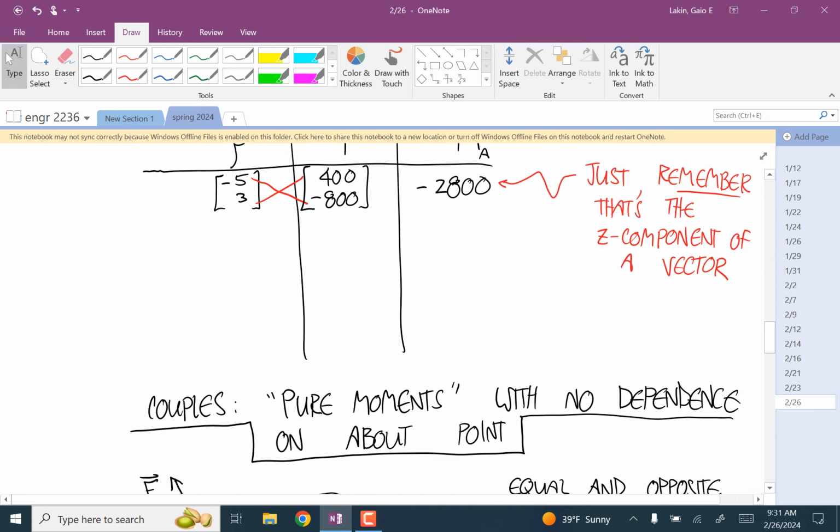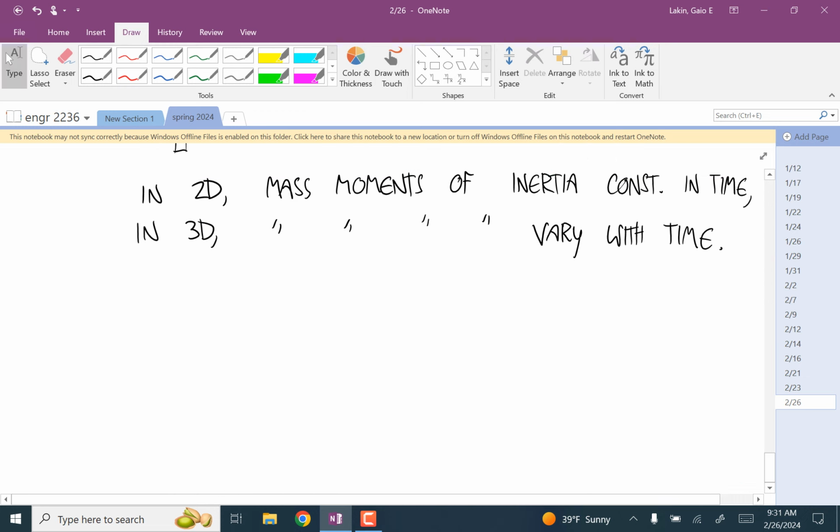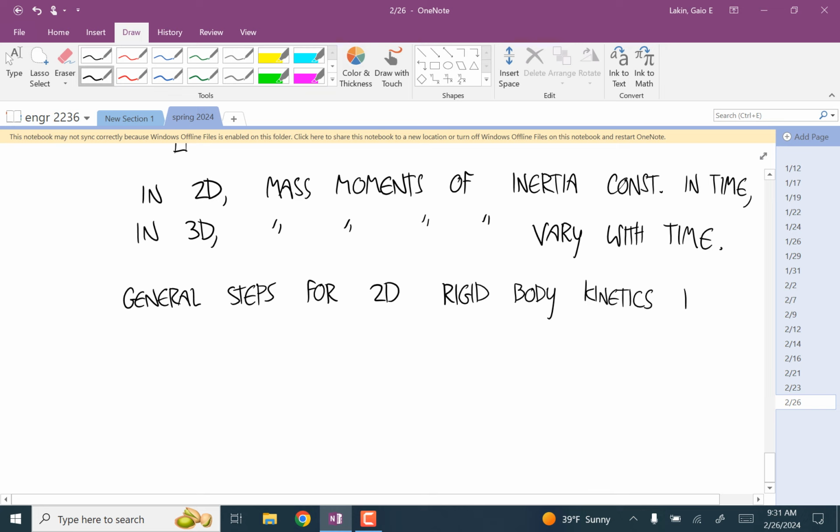All right, so here's a set of general steps for 2D rigid body kinetics problems. The first thing is you have to identify whether there's a fixed point or not for the body.